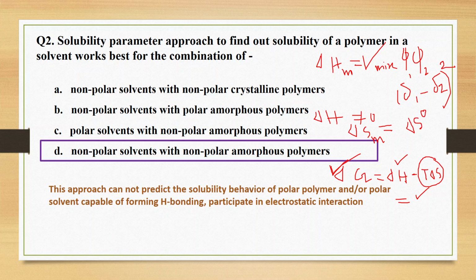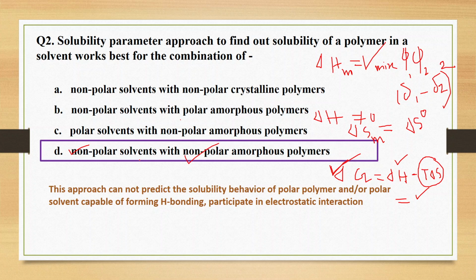There will be many factors involved in this case. So they completely ignored that factor and stated that this is mainly applicable for non-polar solvents and non-polar amorphous polymers. Whenever there is a crystalline polymer or a polar solvent, there will be many kinds of interaction involved in the system, which are ignored for this case.